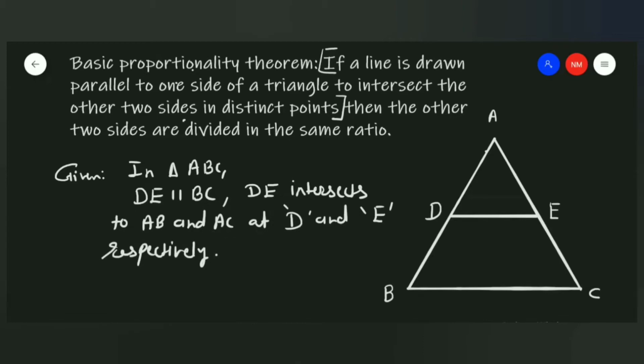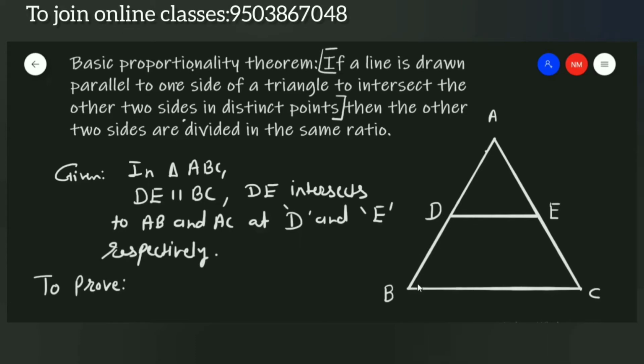Now what we need to prove here? We need to prove, I'm writing here under the point to prove, line DE, which is parallel to BC, divides the other two sides in an equal ratio. Now let's find the ratio. D point is dividing AB in two parts.